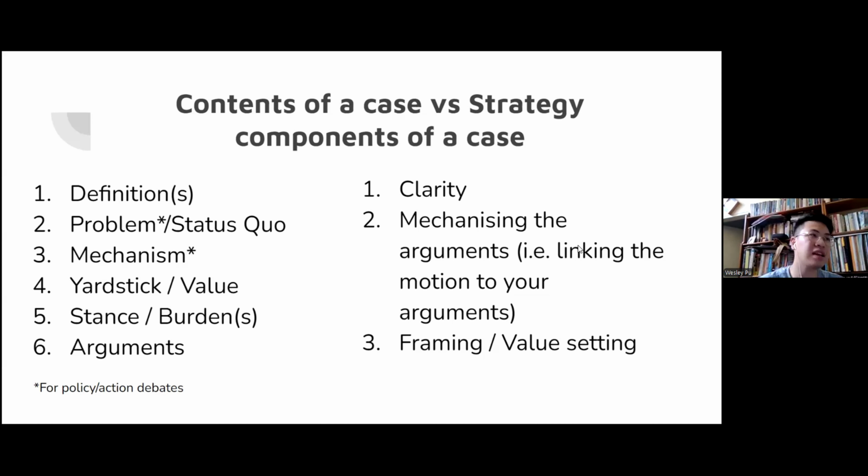In some motions, you run a case with an argument, and then later on, that argument just becomes irrelevant. You want arguments to stay relevant in a debate, and this is a very good way to do so. You want to focus on making sure your case is clear, and that your arguments have mechanisms, so that your case actually becomes something that's winning and relevant moving forward. And I'll talk about each of these things as we go on today.